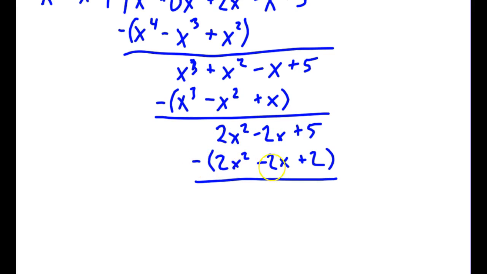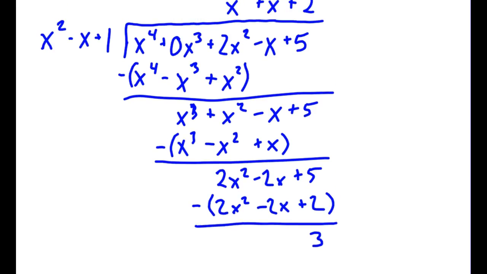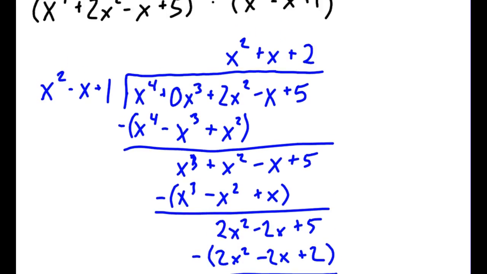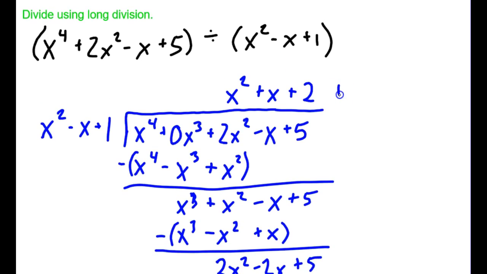Negative 2x plus 2x is 0. 5 minus 2, we get a positive 3. So if I'm looking at my divisor, what can I multiply by x squared to get 3? We can't multiply anything by that. So 3 becomes our remainder, plus 3 over our divisor, which was x squared minus x plus 1.